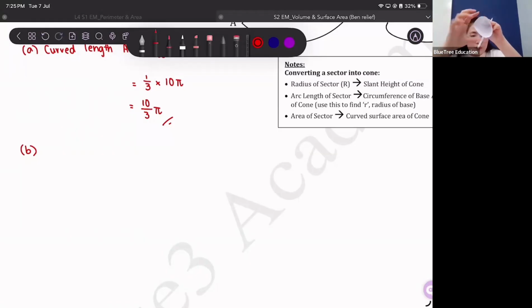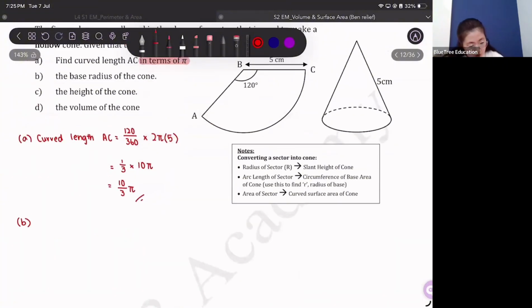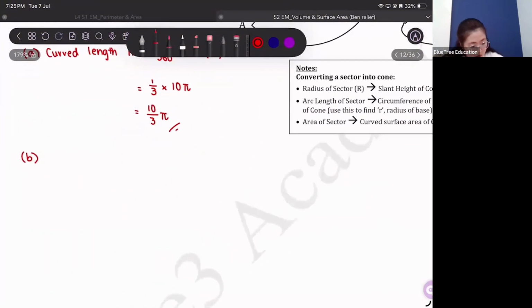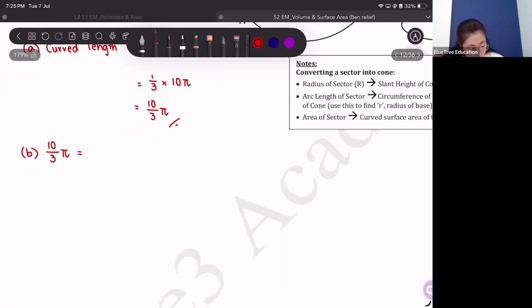So 10 over 3 pi is equal to 2 pi r. It is the same circumference, essentially.